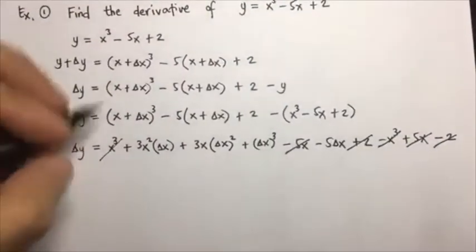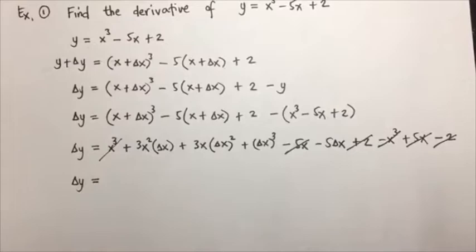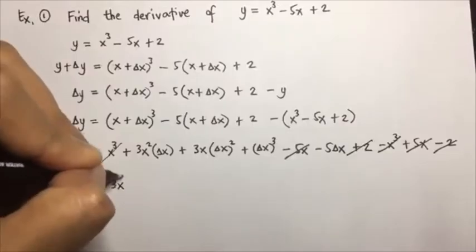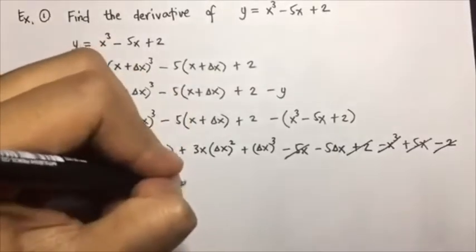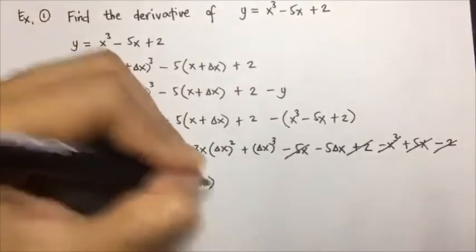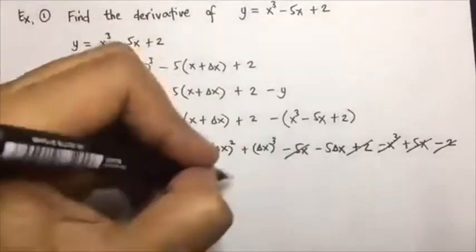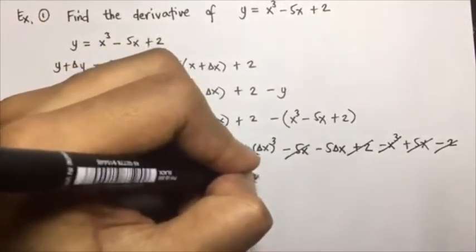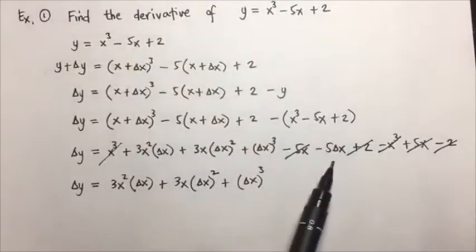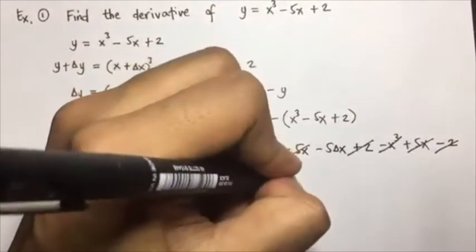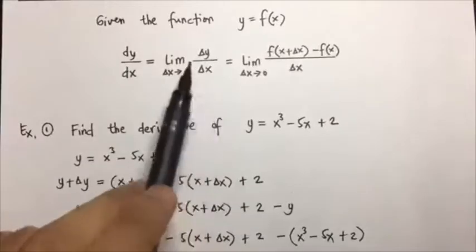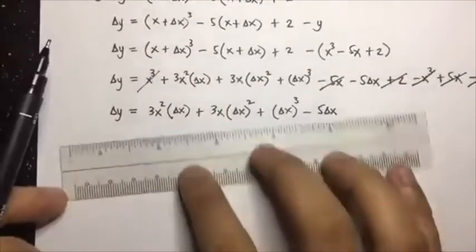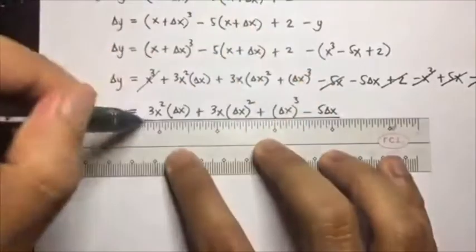So what will remain is delta y is equal to 3x squared delta x plus 3x times delta x squared plus delta x cubed minus 5 delta x. Since what we need is delta y over delta x, then we need to divide both sides by delta x.